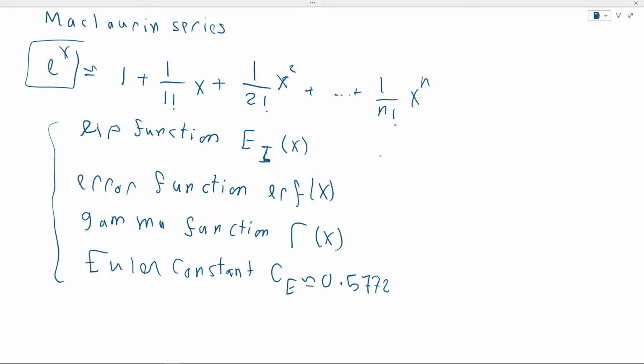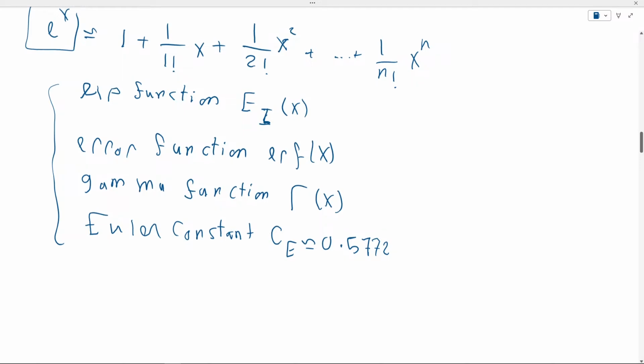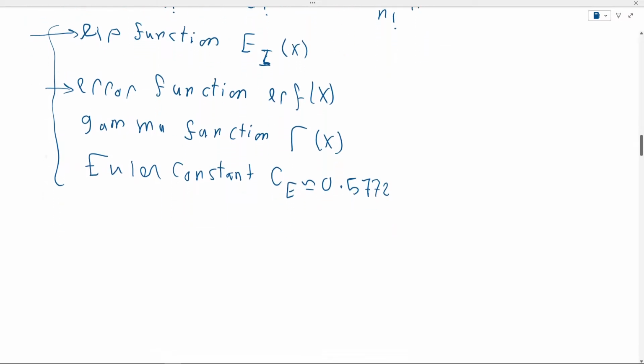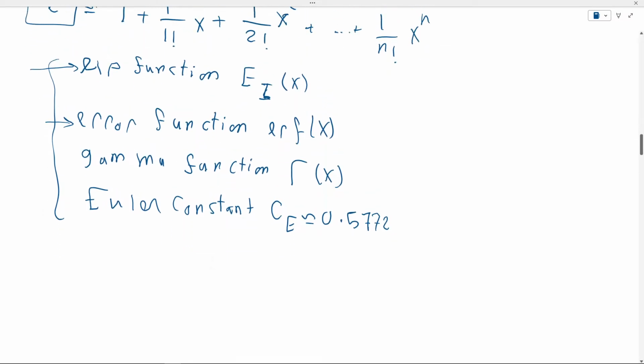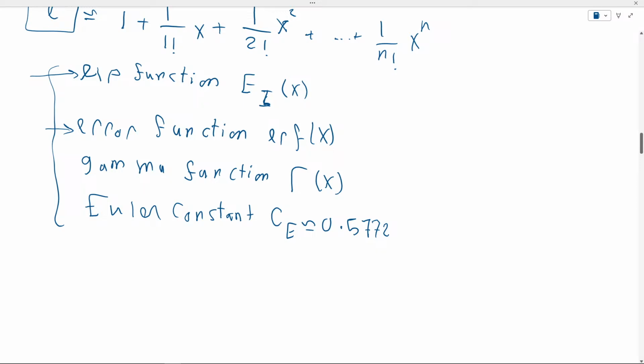Let me show you an example. Later, in the modeling module, I will show you the error function, but let me show you the exponential integral function.